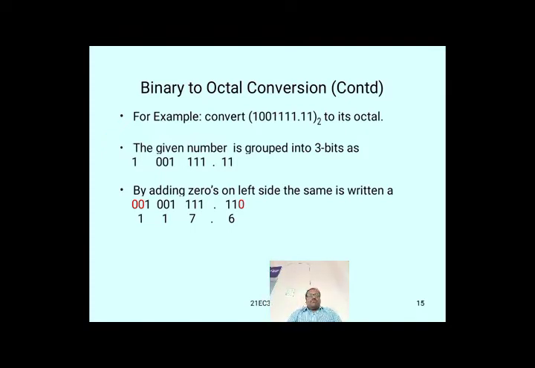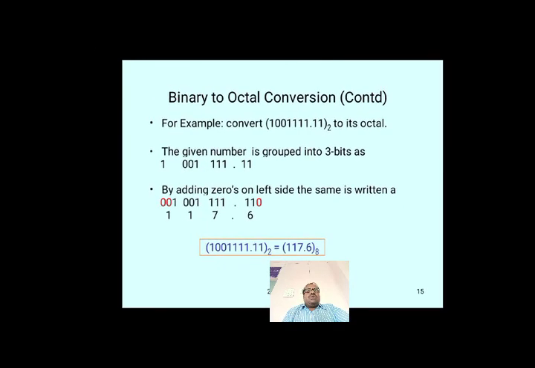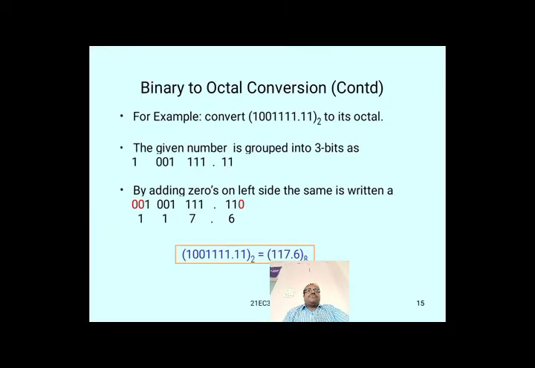Okay, please make a note of it and write the answer like this: 1001111.11 base 2 equals 117.6 base 8. Please make a note of it. If you have any doubt, you can ask me in the last session. Okay, completed.